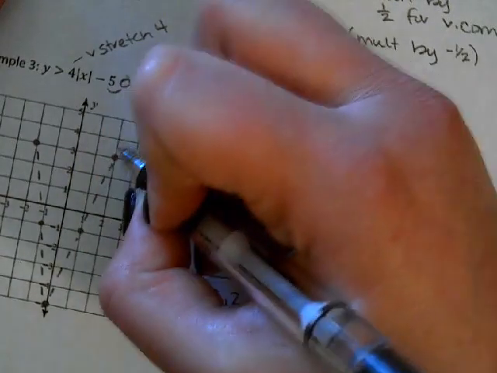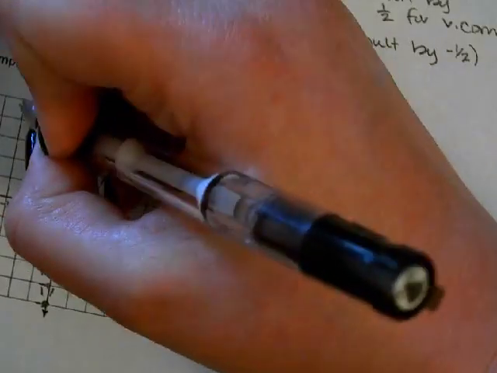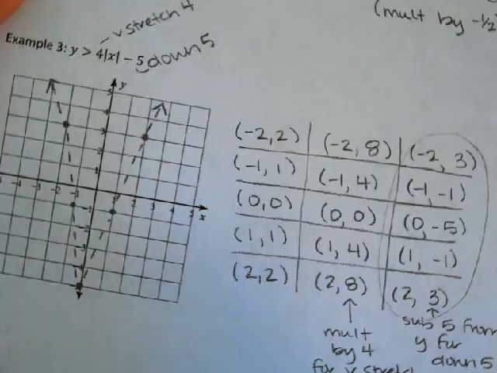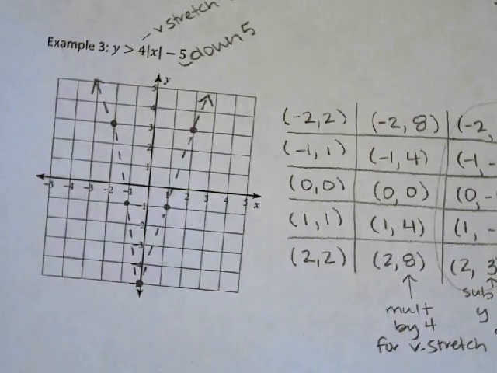So this is not like the linear functions where you have a left side of the line and a right side of the line, and you would just shade on the left or shade on the right. This is one where you have an inside versus an outside, okay?